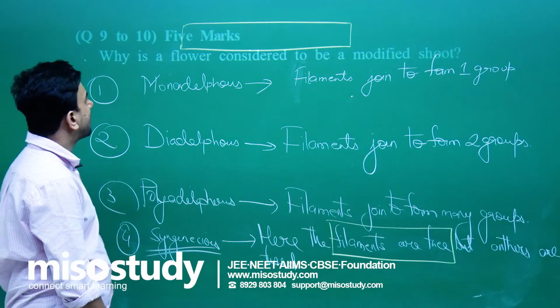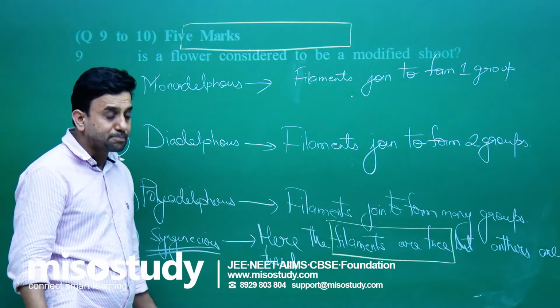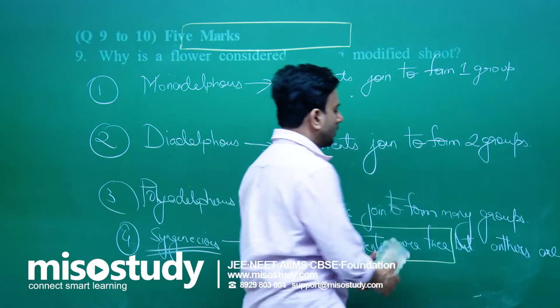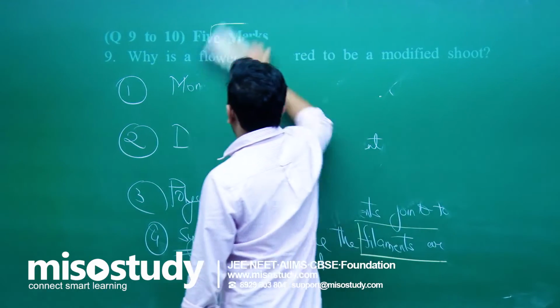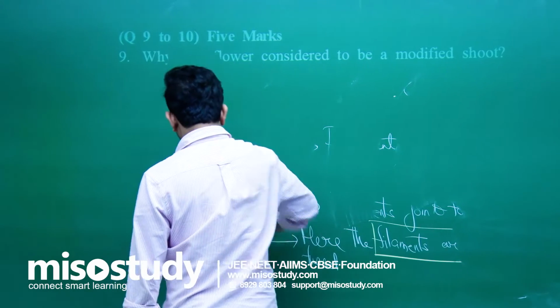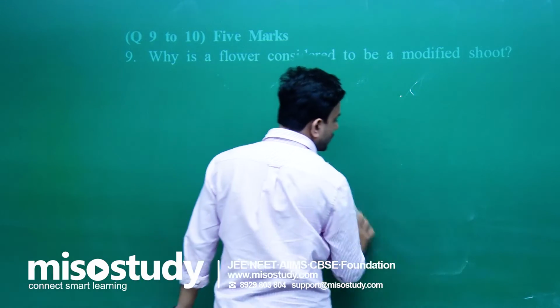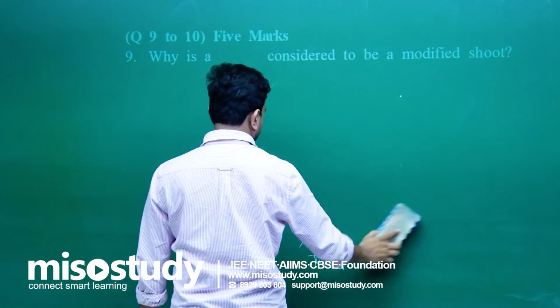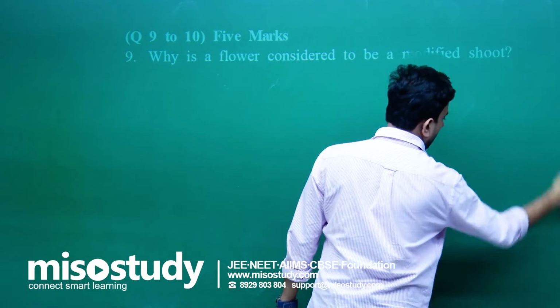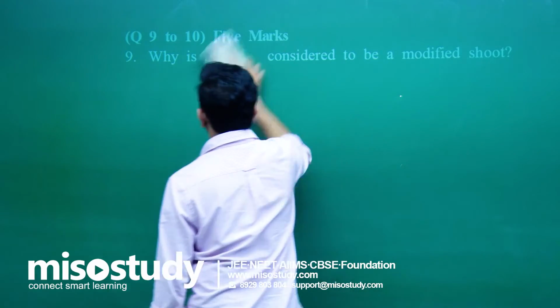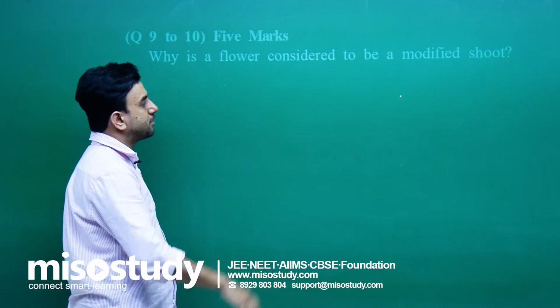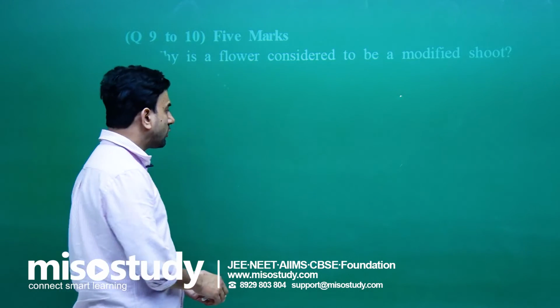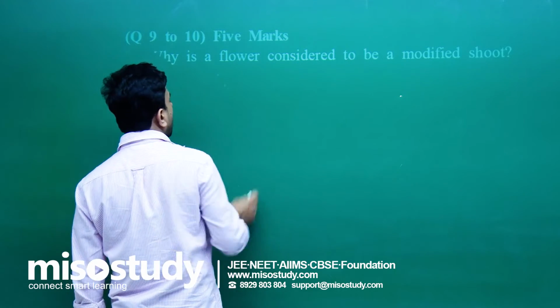Then, why is the flower considered to be a modified shoot? Or you can say, better, a condensed shoot. See what we say: a flower has four whorls.